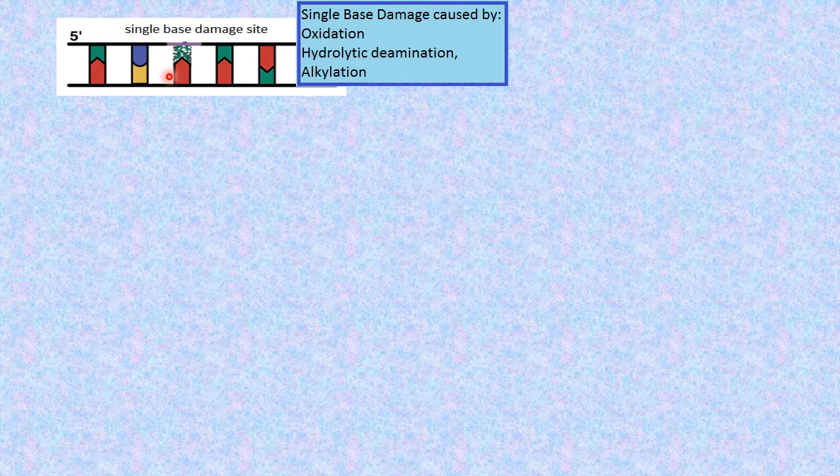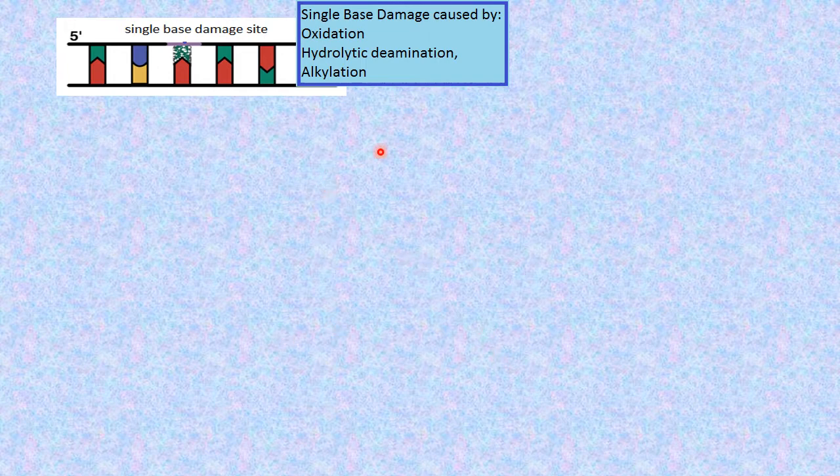And because of this hydrolytic deamination, we know that cytosine may convert to uracil, or adenine may form hypoxanthine, and guanine may form xanthine. And these deaminated nucleotides that are produced basically have different pairing properties.